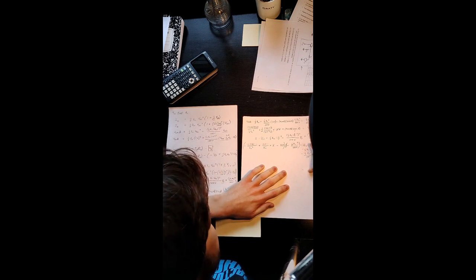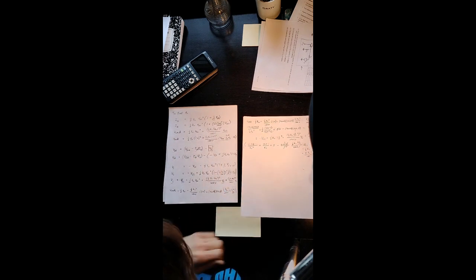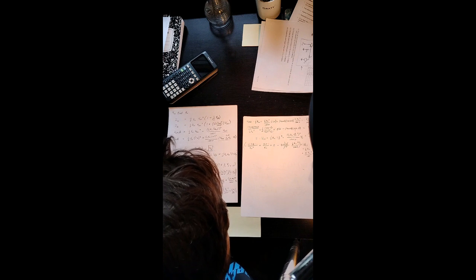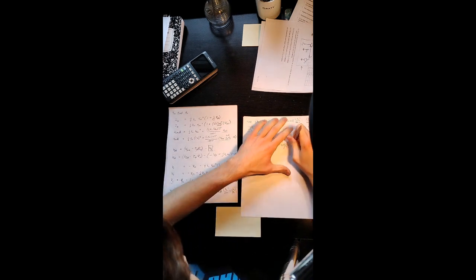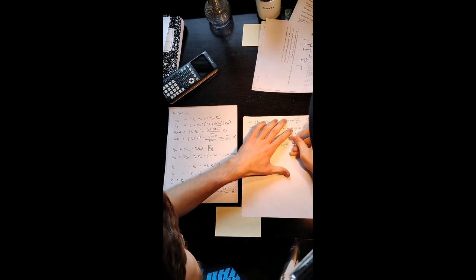So 1/4 Kn squared over 100 times VSS. And then we solve for Kn.